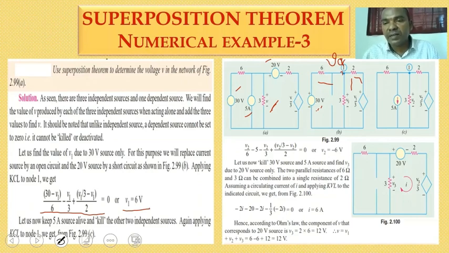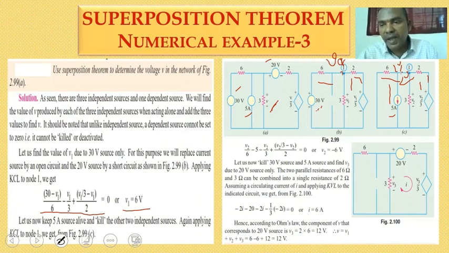Now coming to the current source, the 5 amp current source is acting. The 30 volt voltage source is short circuited, and the 20 volt voltage source is short circuited. Now I am taking this node voltage as V2. Here 4 branches are connected in parallel, so you can get 4 currents. The first one is V2 by 6.